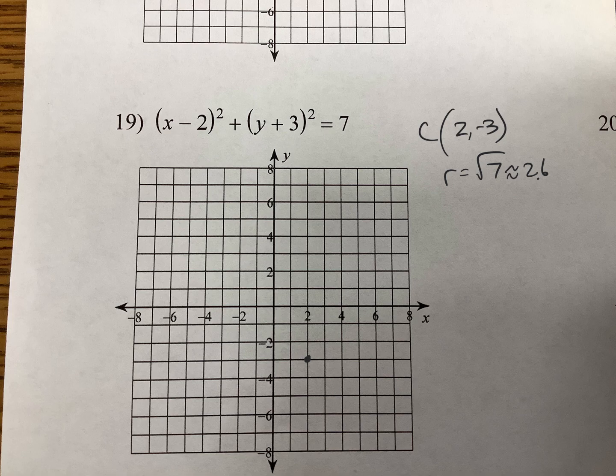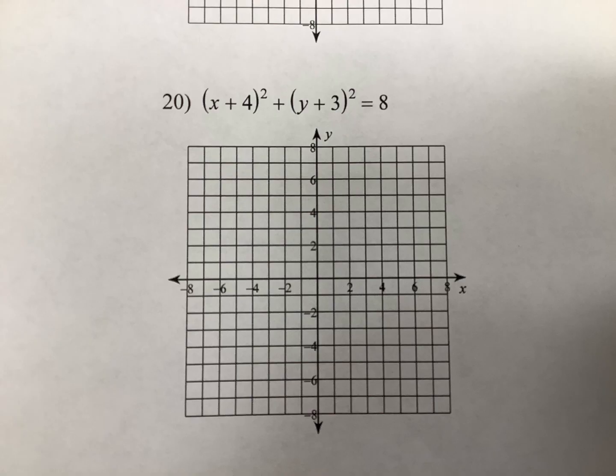And to the left, to the right, up and down, 2.6. So basically 2.5 blocks. Just counting 2.5 blocks away from the center. And then connect the dots. There's your graph. Please be as accurate as you can when you're graphing these.